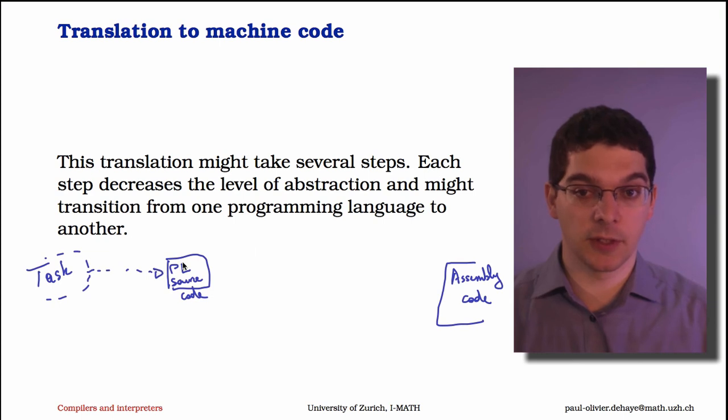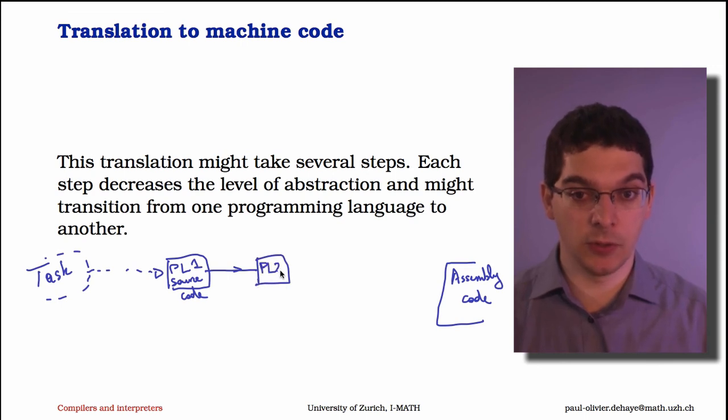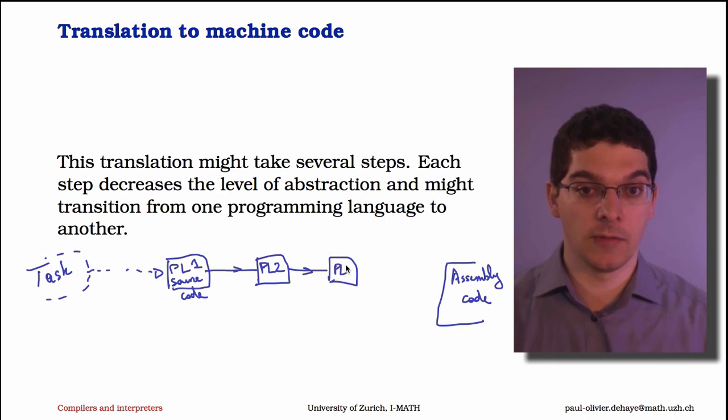Now, I didn't talk much about this automatic translation, but the point is it could go through several different programming languages. So you could translate from one language to another, let's say PL2, and then another, and so on, many times, up until you hit assembly code.